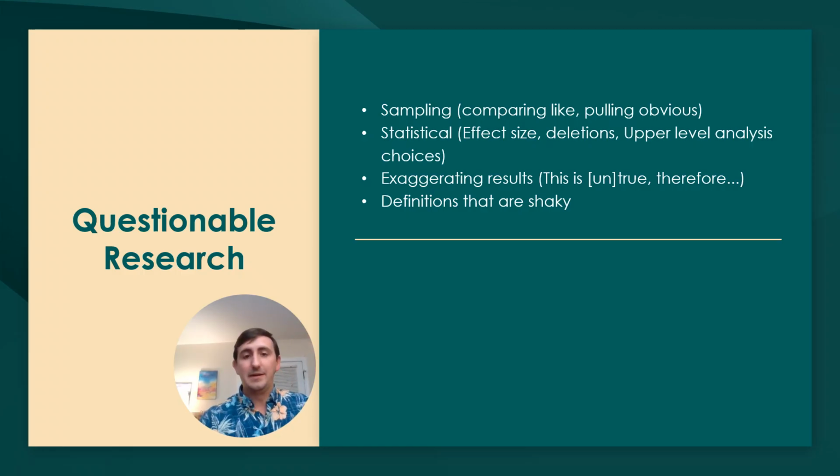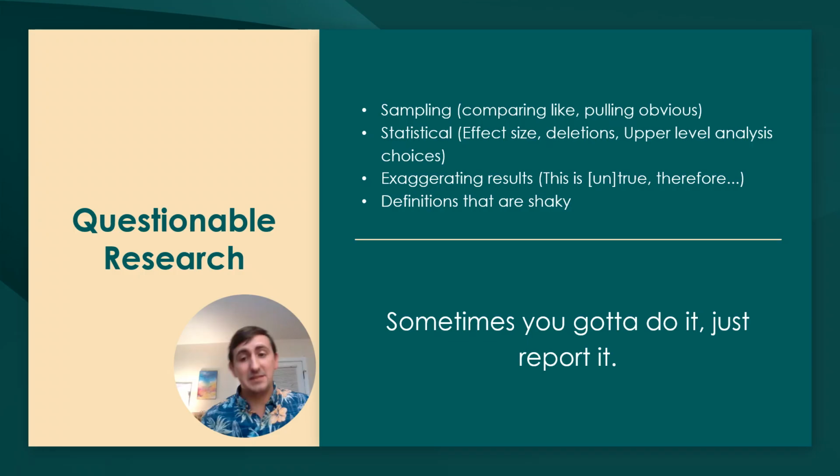So, in the end, sometimes you gotta just do it. The best thing you can do in these situations is report it. Sometimes you can't sample randomly, so you gotta report it in your paper: I did not sample randomly. Sometimes you have to delete scores from your stats.